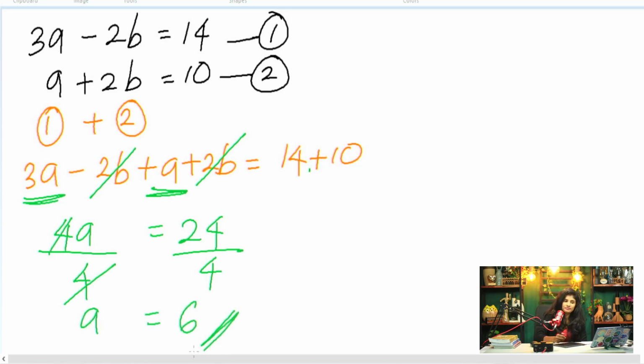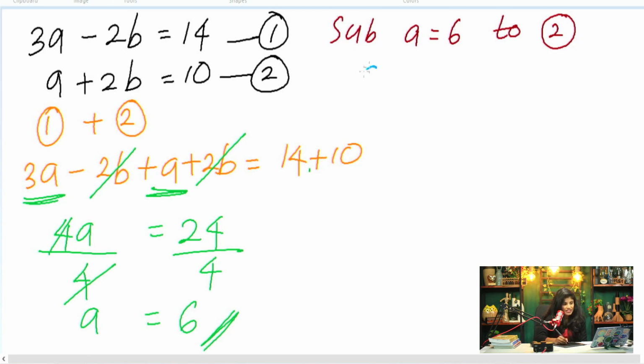That's it. So I can use the value of a to find the value of b. I will substitute a equals 6 into the equation. Equation number 2 is easier, so we will use number 2.